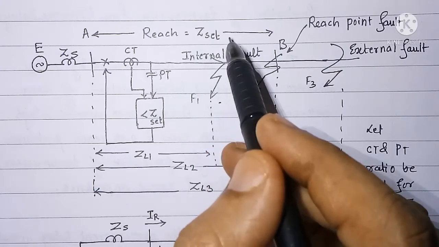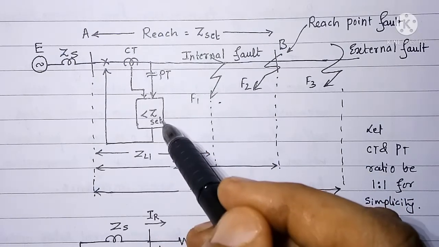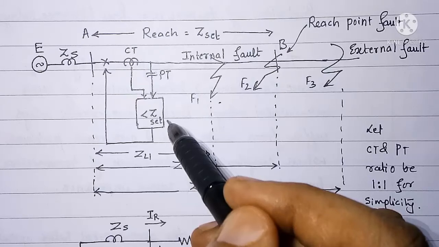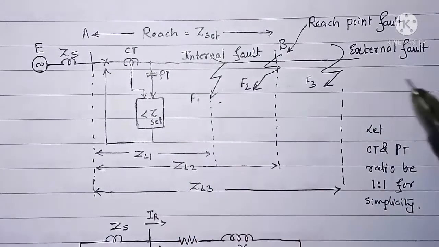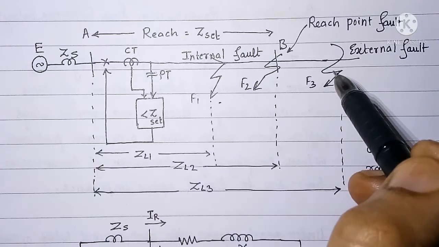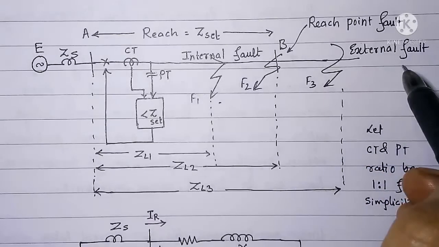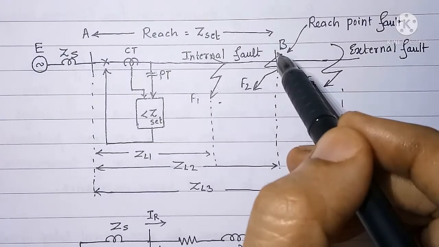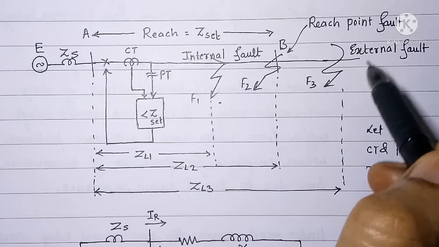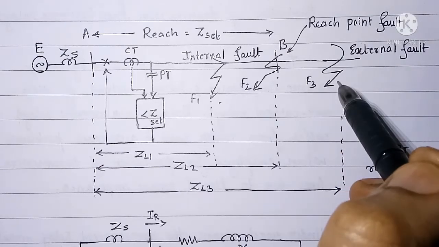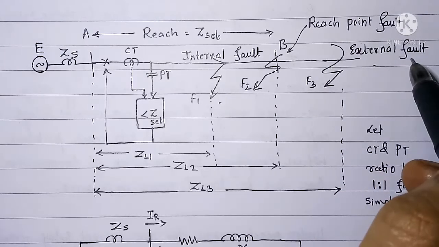The impedance for which the impedance relay is set is called the reach of the relay. F3 is now outside the zone of protection because the relay reach is only up to B, not after B. Therefore, fault F3 here becomes an external fault.